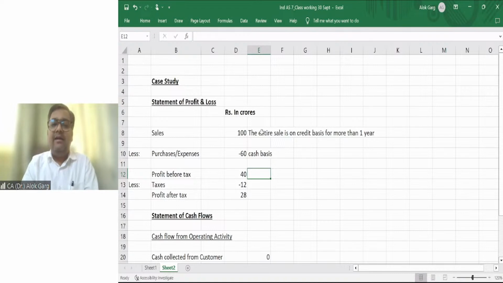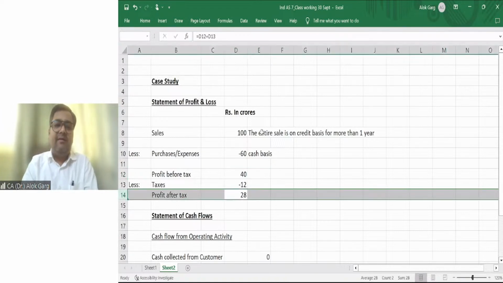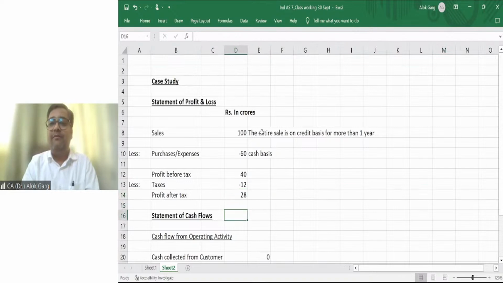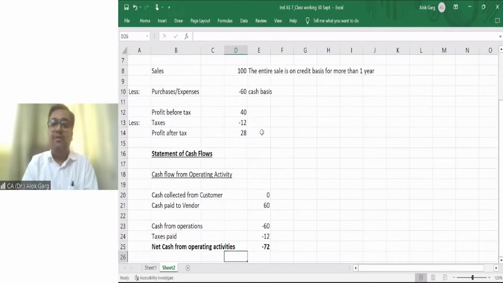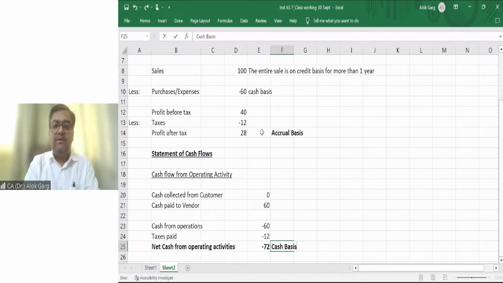So friends, why is this P&L showing a great performance, and why is this cash flow not showing this kind of fantabulous performance? Just because this profit and loss account has been prepared on accrual basis, right? Accrual basis. And this cash flow account has been prepared on a cash basis.